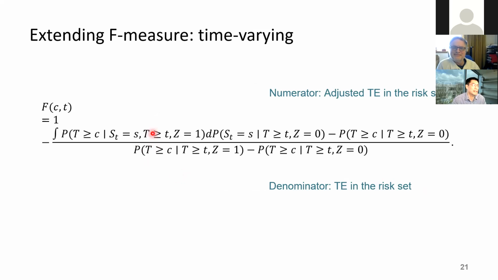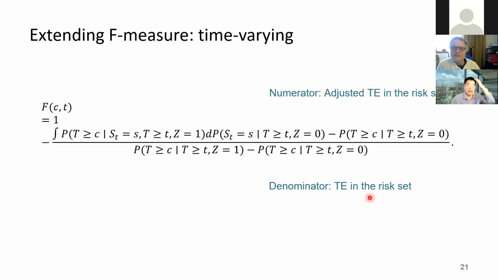So we can extend F measures even to time varying outcomes, not just binary outcomes. We pick a specific time and look beyond that time to see what the surrogate marker would look like. So this T can be a landmark time, and C is actually the survival time.